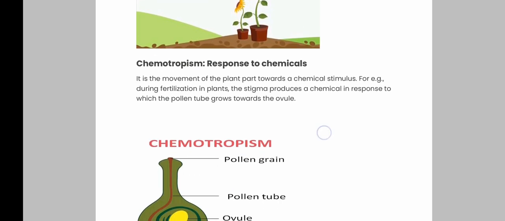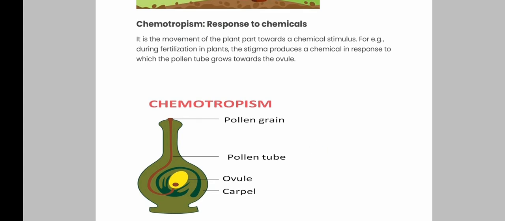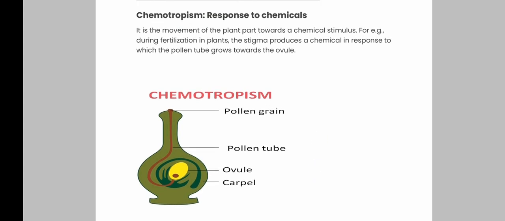Chemotropism is a response to chemicals. It is the movement of the plant towards a chemical stimulus. This is the structure of the female part of the flower. You can see on the top there is a pollen grain which sticks on the top of the stigma, and then the pollen tube goes down to reach the ovule.